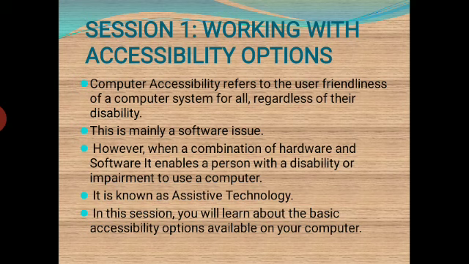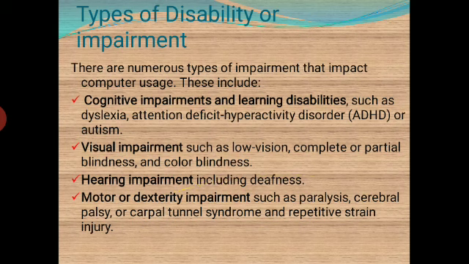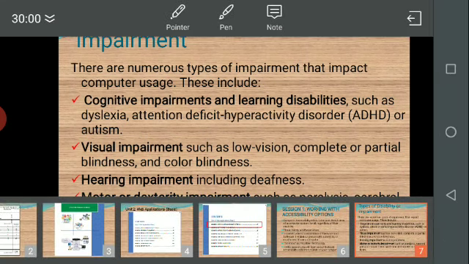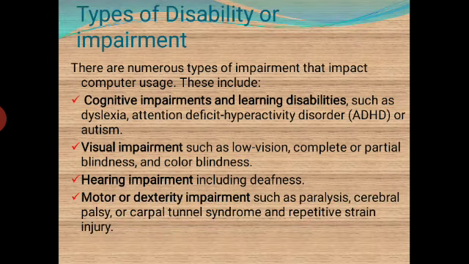So, let me tell you the different types of disabilities. They are cognitive impairment and learning disability, such as dyslexia, attention deficit hyperactive disorder, or autism. Another one is visual impairment, such as low vision, complete or partial blindness, and color blindness.